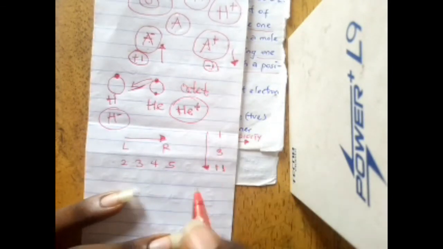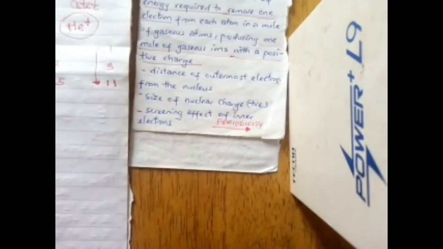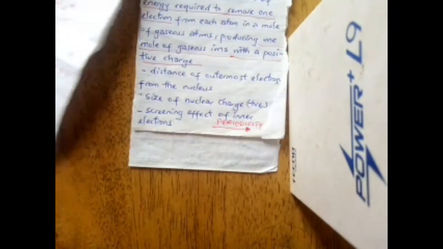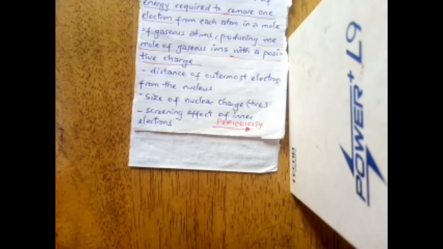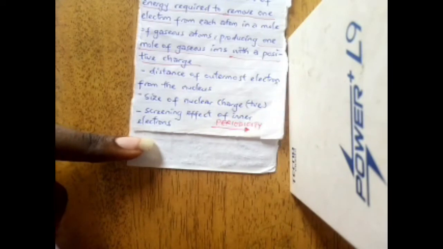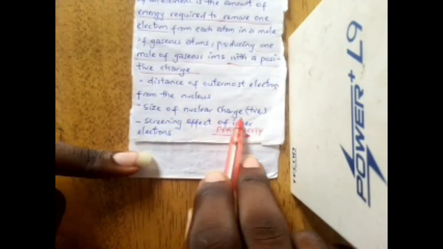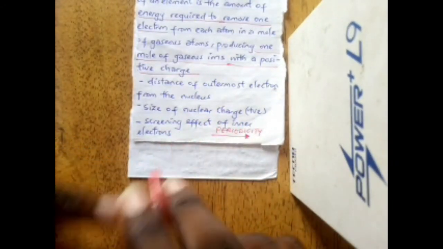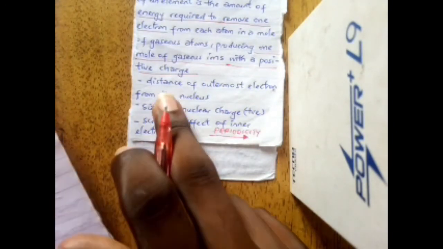This is group 1. How does the ionization energy trend? Ionization energy depends on three important factors. It depends on the distance of the outermost electron from the nucleus, the size of the nuclear charge, and the screening effects of inner electrons. I'll be explaining these three very quickly.